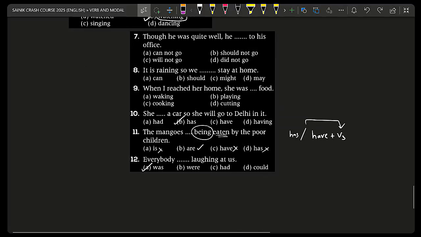Next, Srivatsav, can you answer the next questions? I'm giving one question to you.